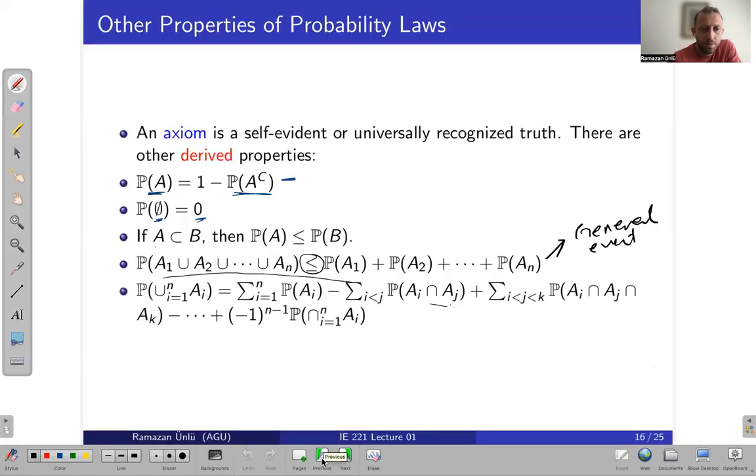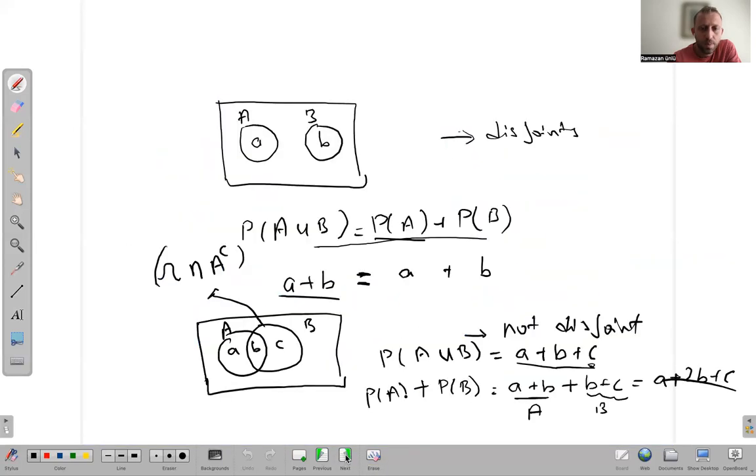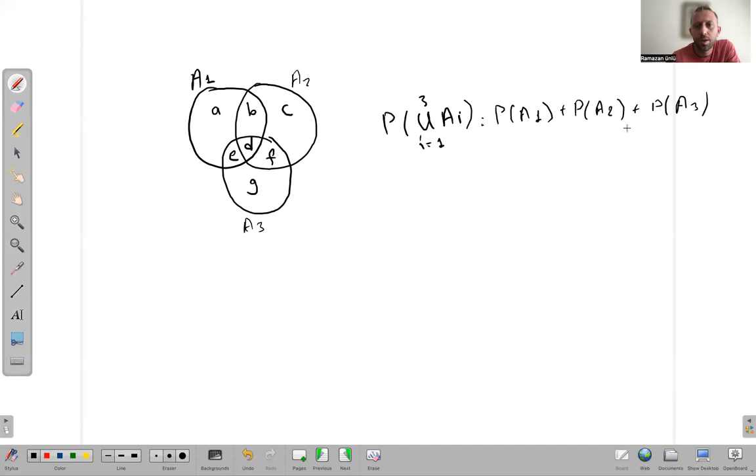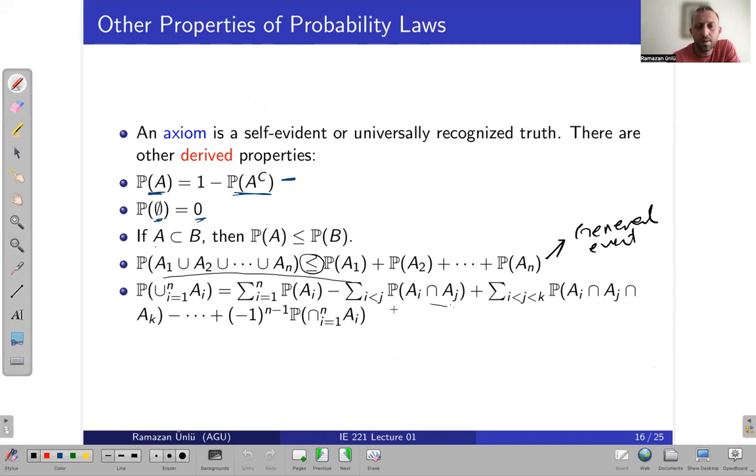So what do the properties say? The union of the events, so E is equal to 1, 2, 3 in our sample, and let me define this: this is A1, this is A2, and this is A3, will be equal to P(A1) plus P(A2) plus P(A3), and then check the formulation again, minus the intersections of two events, so each pair of the events.